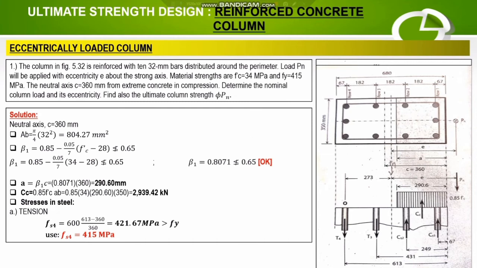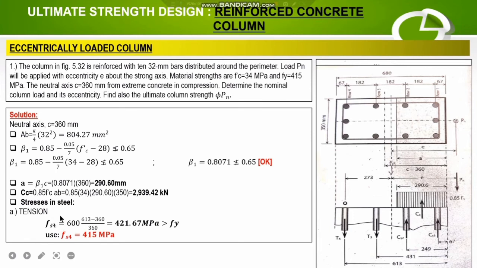So let us solve first for the Fs4, or the farthest steel bars from the extreme concrete compressive fiber section. So Fs4 is equal to 600 times 613 minus 360 over 360.